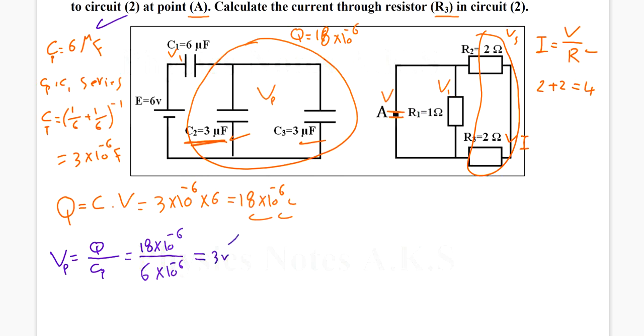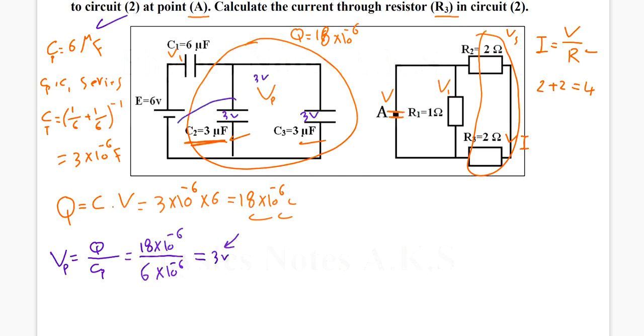Okay, what is this 3 volts? 3 volts is actually the voltage in the C2, which is the same voltage in the C3, 3 volts, which is also the V parallel.